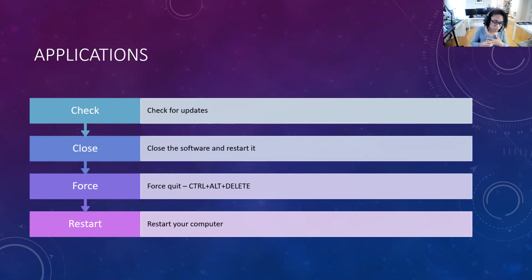That is done really simply by pressing Control, Alt, and Delete in that order all at the same time, and then opening up your task manager, selecting the application that's giving you difficulties and pressing End Task. And then if all else fails, you can restart your computer.